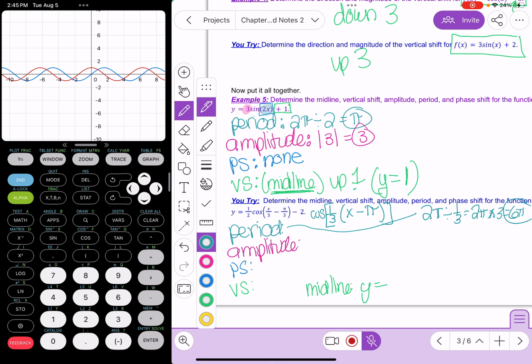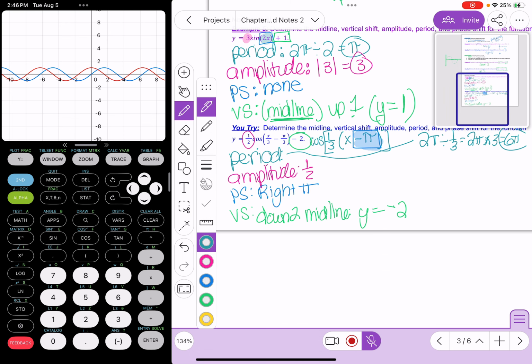So my period is 6 pi. Amplitude would be 1/2. Phase shift, I would use this after I divide it out, so I would go right pi. And then my vertical shift is down 2, so my midline would be y equals -2.